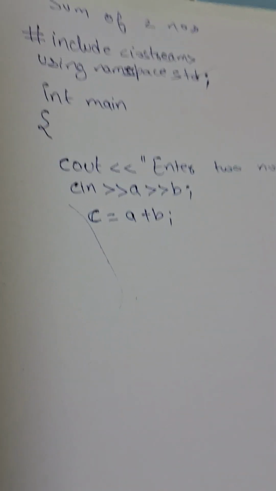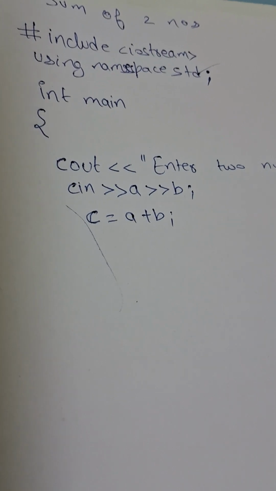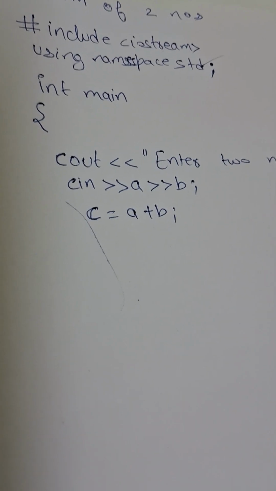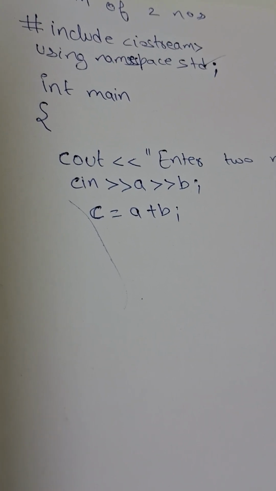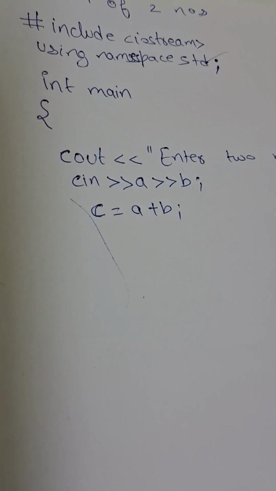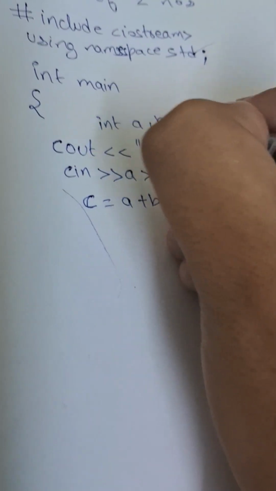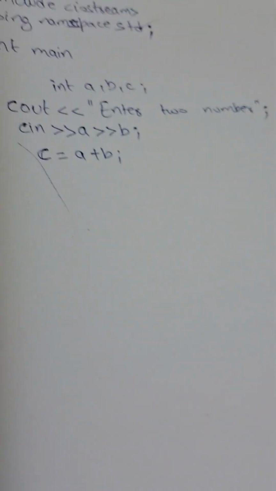You should know that if we use any variable in C++, we have to store it by declaring it with int. What variables do we use? int a, b, c, semicolon.